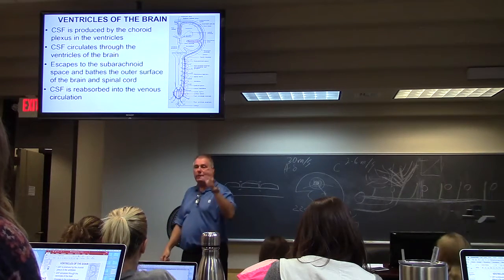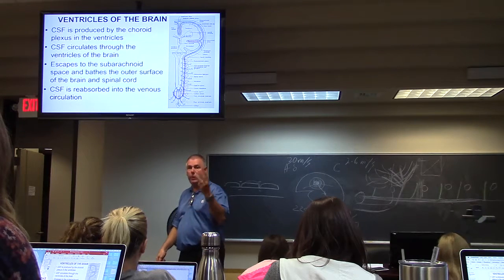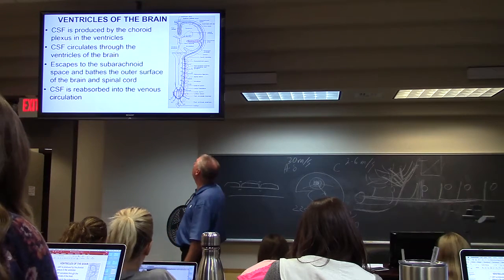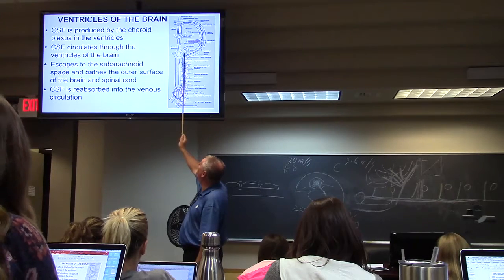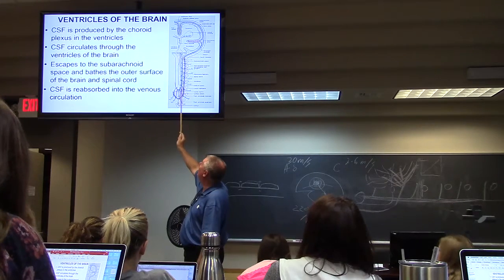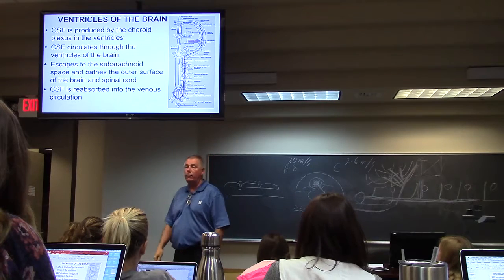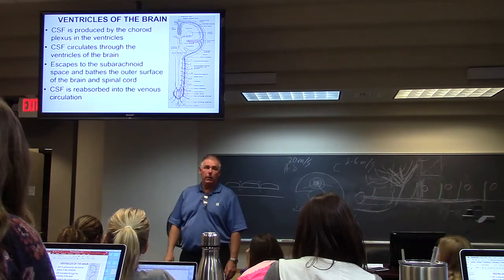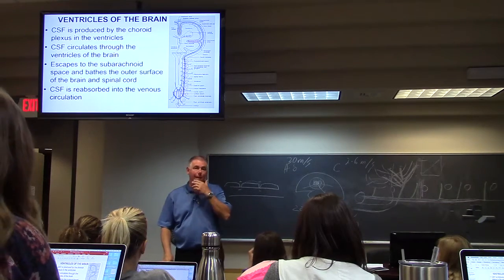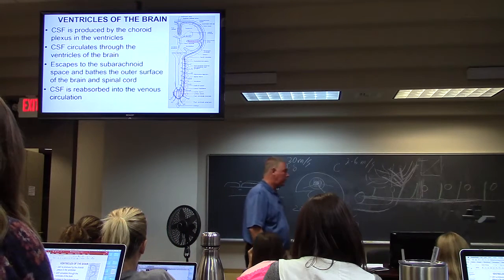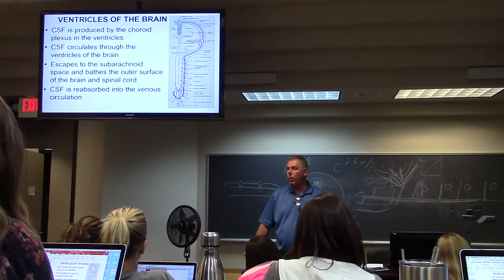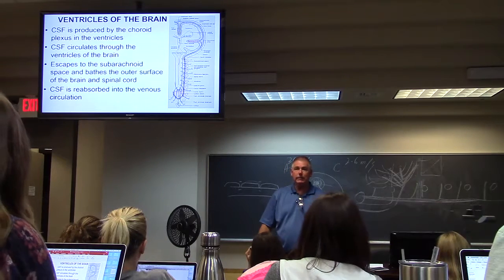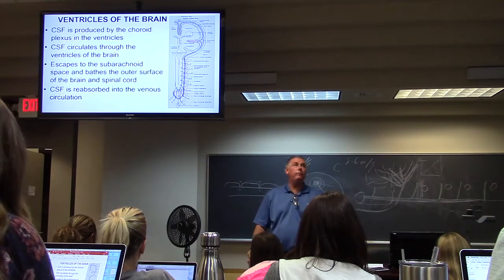The CSF escapes the ventricles through 3 holes in the fourth ventricle. You see these 2 holes right here laterally? They're called the foramina of Luschka. And there's a midline hole called the foramen of Magendie. I ain't making it up.